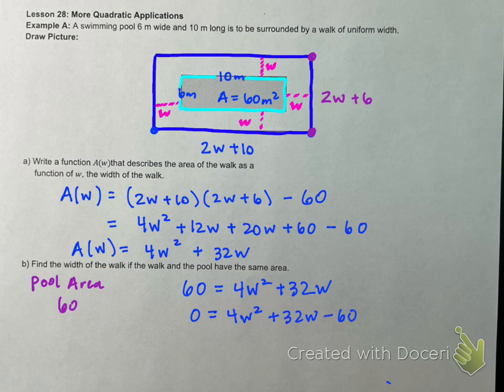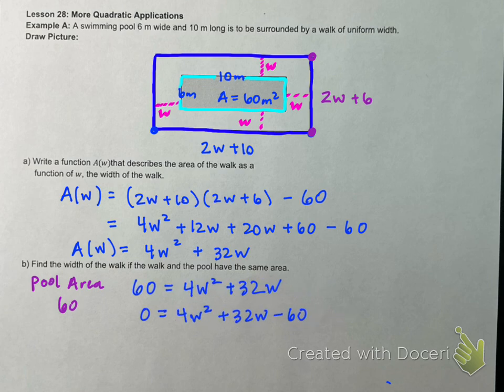In this case, I do notice that 4, 32, and 60 all have the number 4 in common. So I'm going to factor a 4 out. So 0 is equal to 4 times W squared plus 8W minus 15. Now, I don't think anything multiplies to negative 15 that adds to 8.